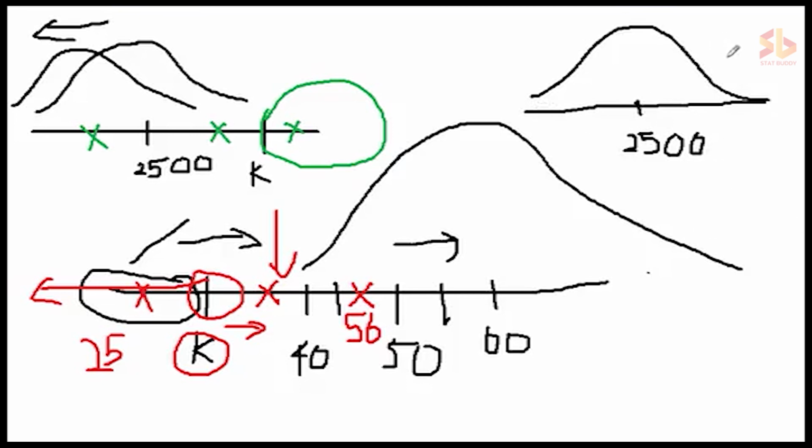So we take this distribution, and our calculated value or our estimated value is somewhere in here. It is 2600.